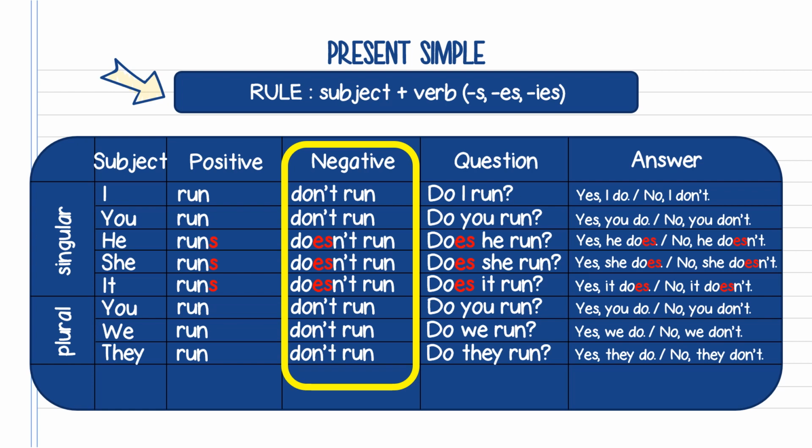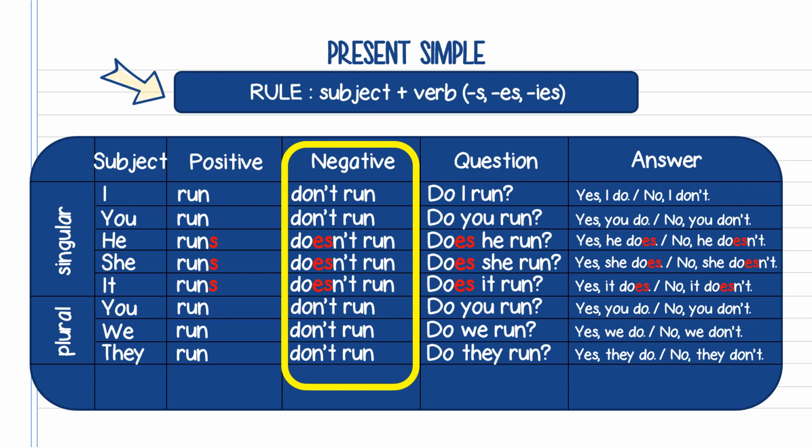Now we look at the negative statements. We have to add the word don't or doesn't. Don't for singular subjects I and you, and for plural subjects. Doesn't for singular subjects he, she, and it.